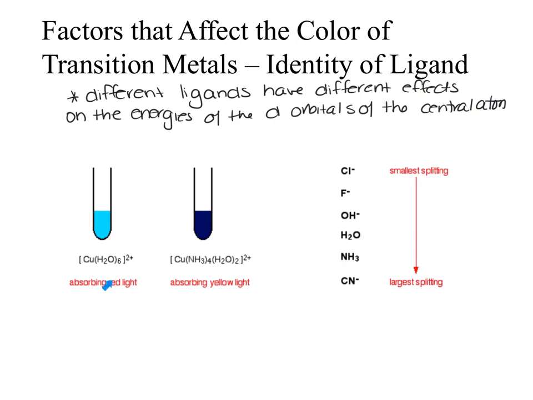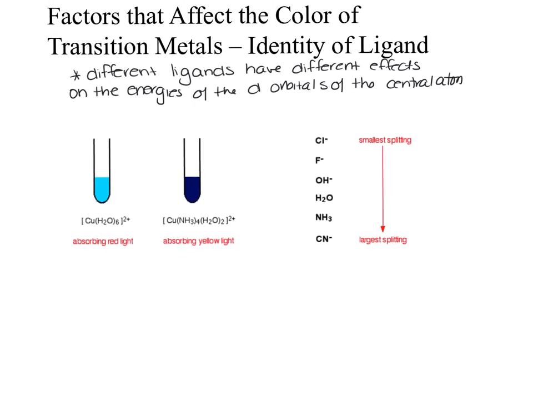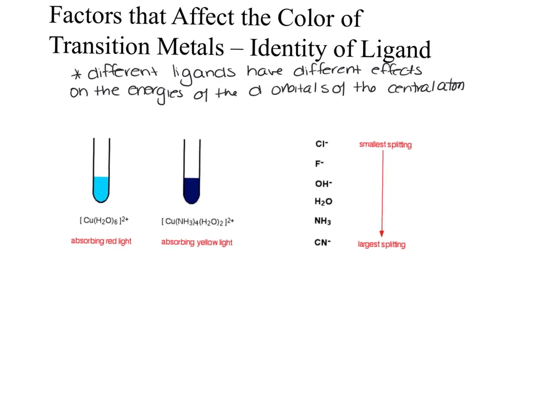Some ligands have really strong electrical fields that cause a large energy gap, and others have really weak fields that produce a smaller gap. The size of the gap between the d orbitals is what determines the color that we see, that wavelength of light that's going to be absorbed.